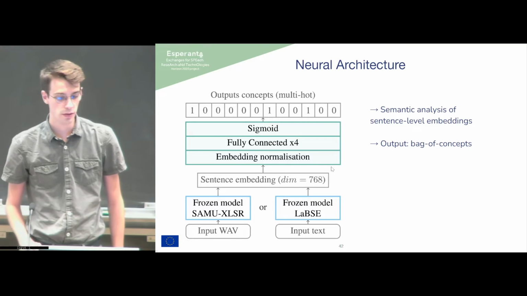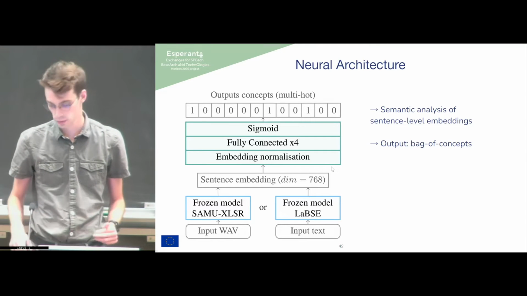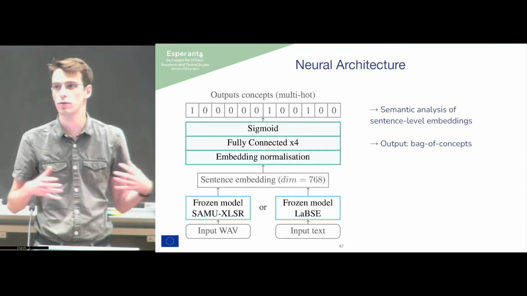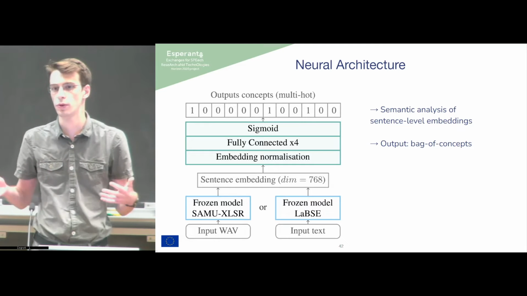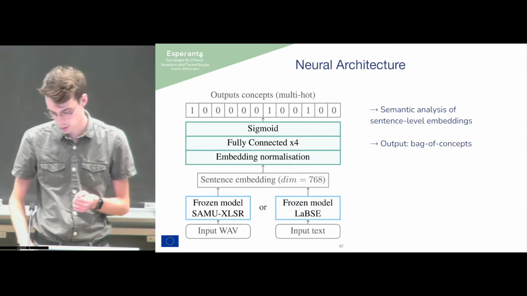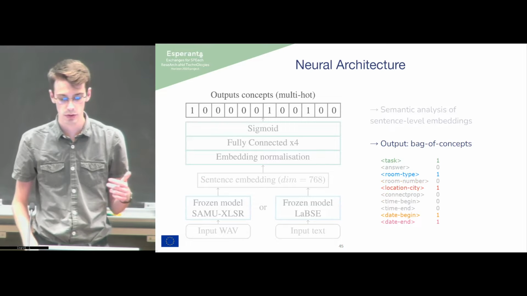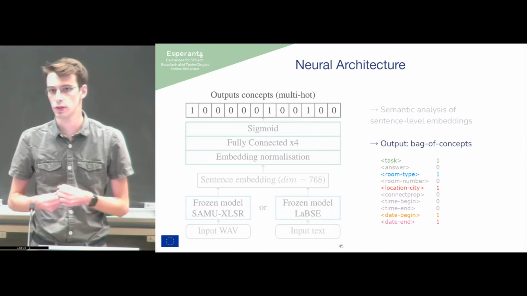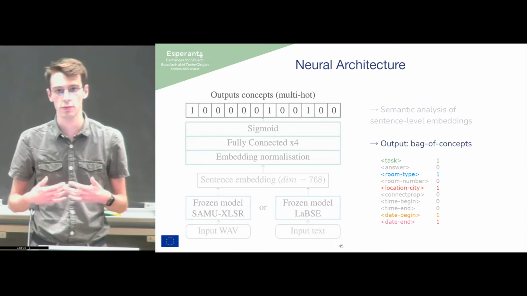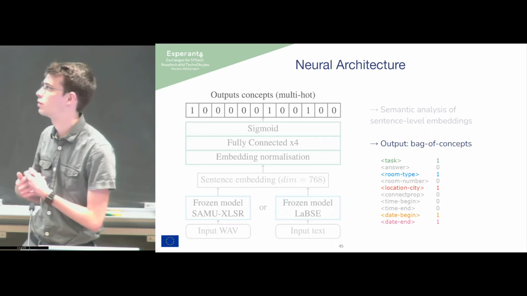And we train our model to detect a bag of concepts. Before, our models were supposed to predict a sequence of concepts. Now we are switching to just a multi-hot representation, listing all the concepts that are currently in the given segment.